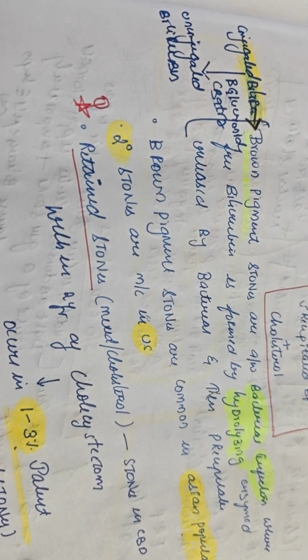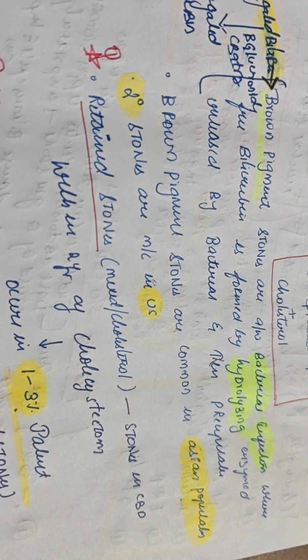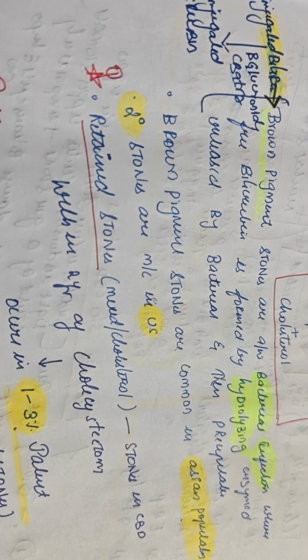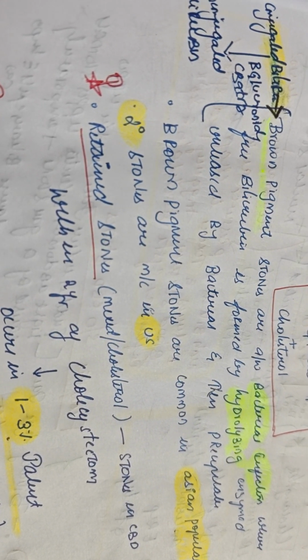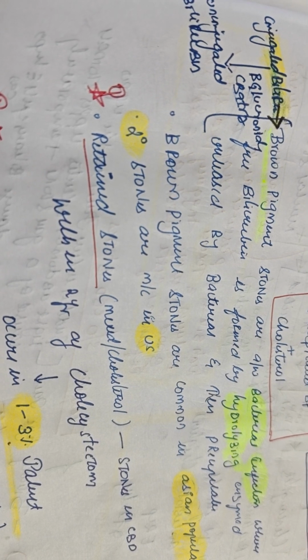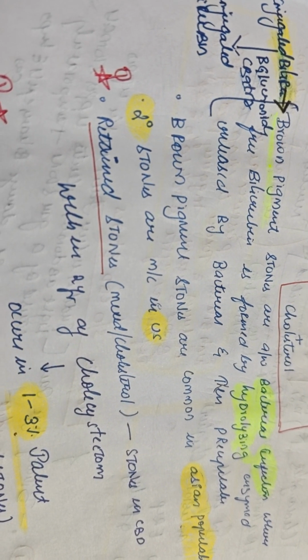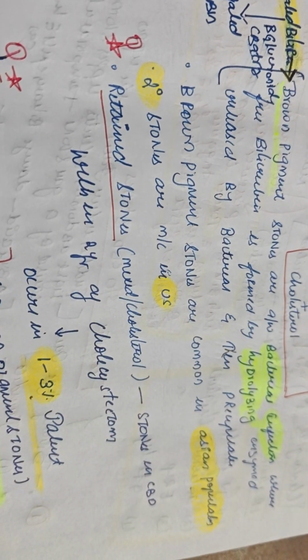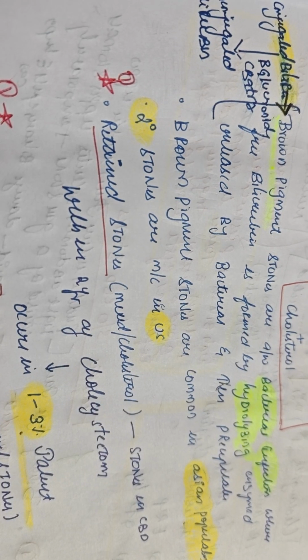Brown pigmented stones are associated with bacterial infection, where free bilirubin is formed by hydrolyzing enzymes released by bacteria and then precipitates. It's also written that brown pigment stones are common in Asian populations and secondary stones are most common in the US.